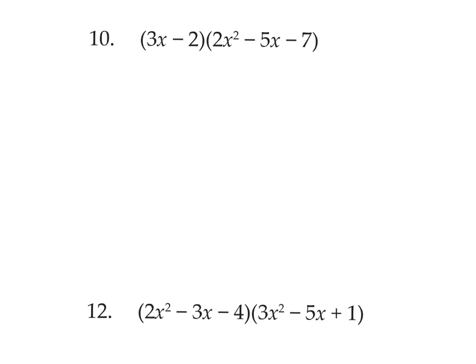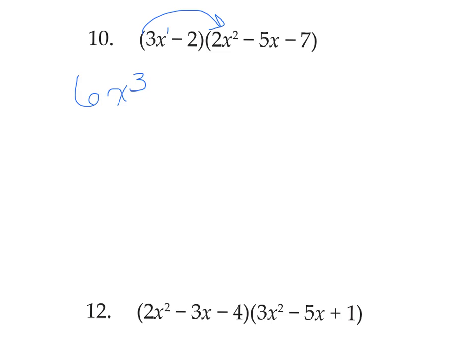Okay, double distribute again here. 3x times 2x squared makes 6x cubed because of that invisible 1 exponent. 3x times negative 5x makes negative 15x squared. 3x times negative 7 makes negative 21x.